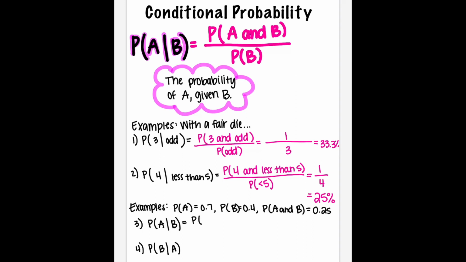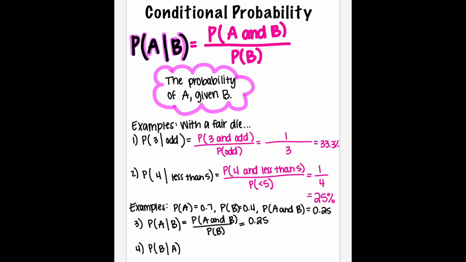Remember, that's the probability of A and B out of just the probability of B. Think of it this way: out of the probability of B happening, how many of those are also A? So they're A and B.